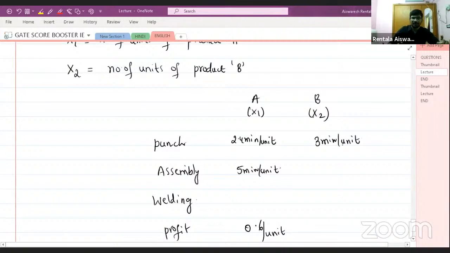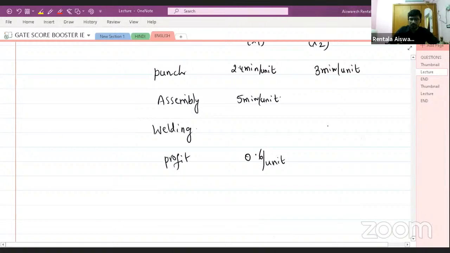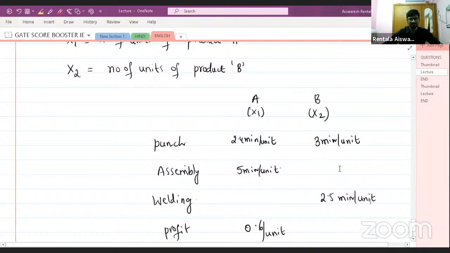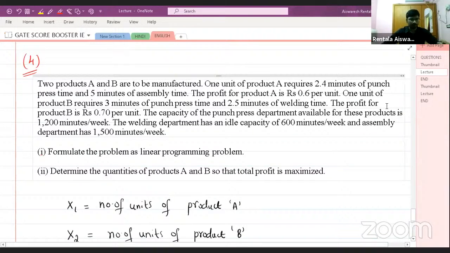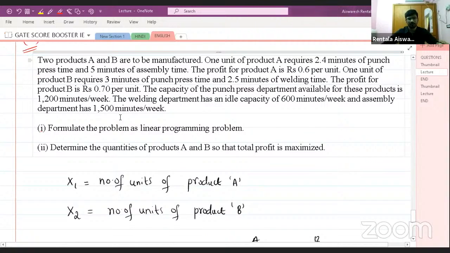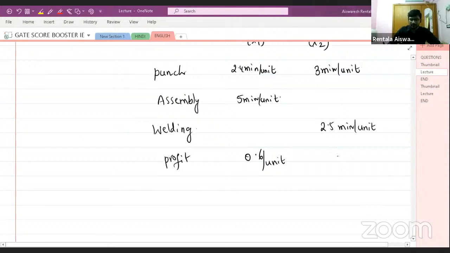So welding will be 2.5 minutes per unit. Simply, I am writing the given data in simple tabular form, so that we can have a clear picture. The profit for product B is rupees 0.7 per unit.